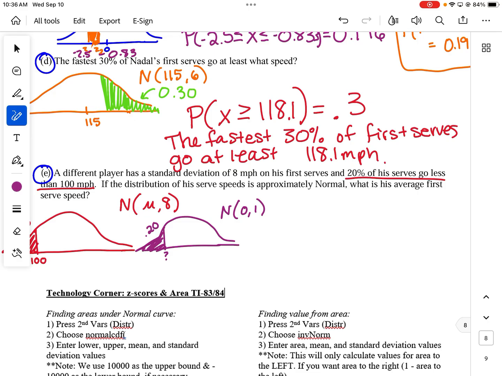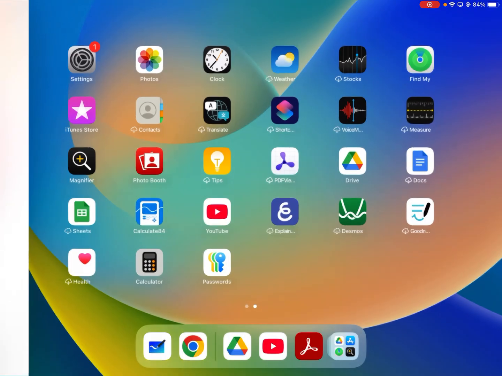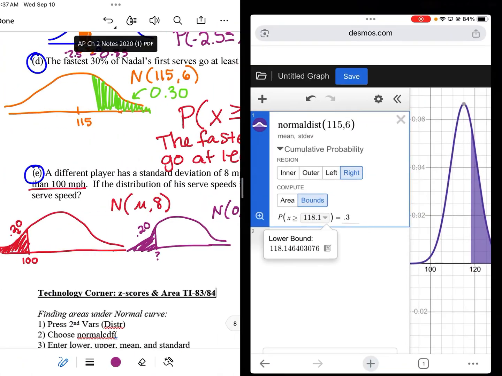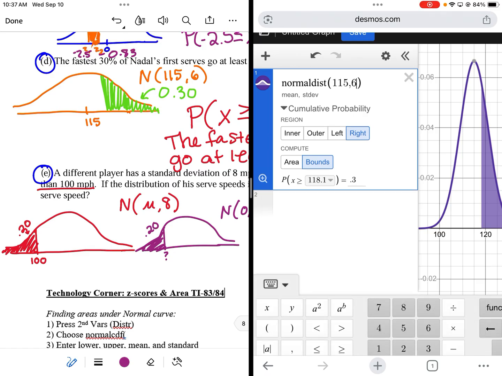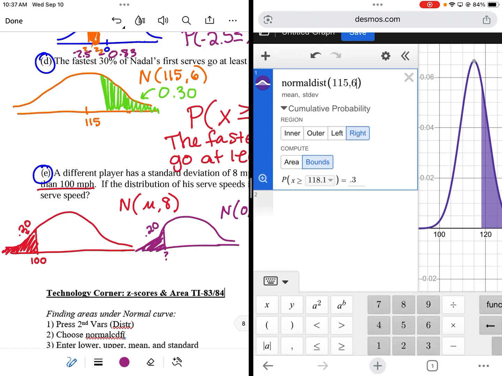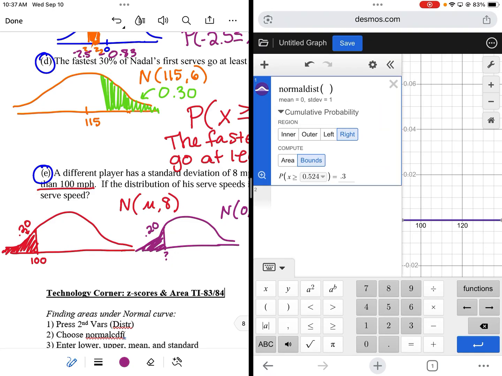So let's go to Desmos and use that purple drawing there. Okay, so just take these off. Once you take it off, if you leave it blank, it automatically puts it at mean is 0, standard deviation is 1. Okay, we want, what is my region?